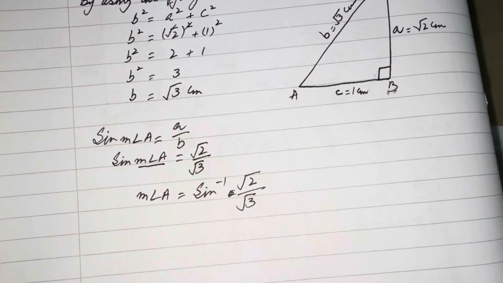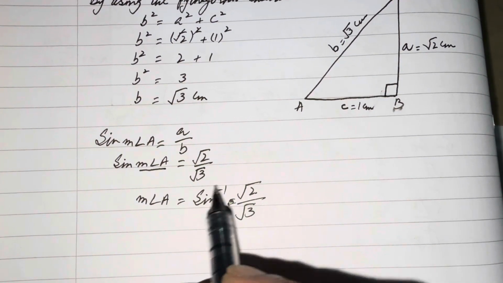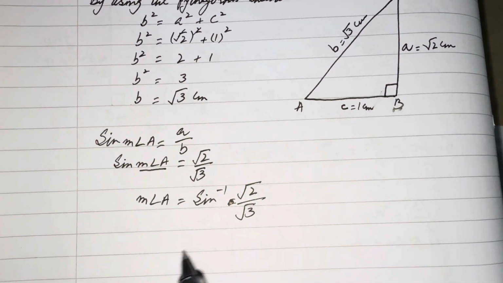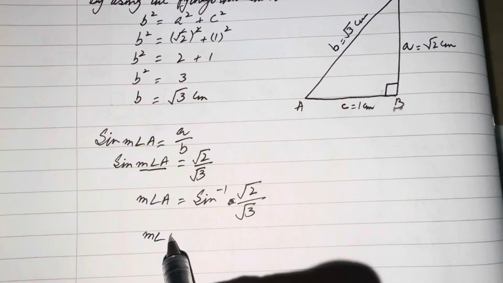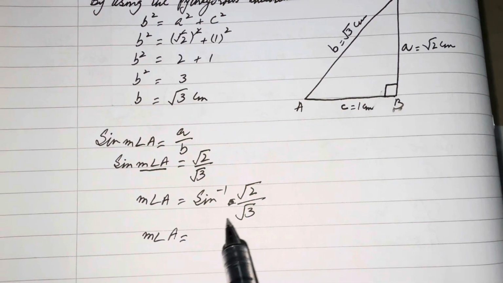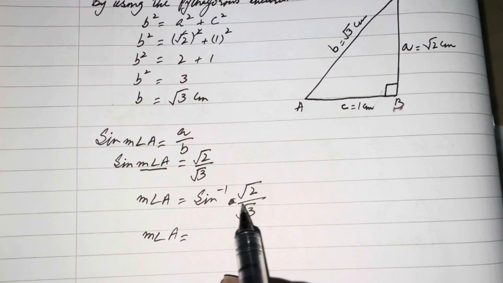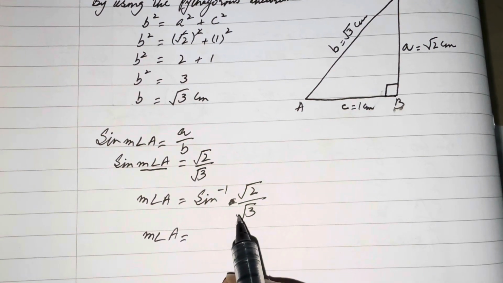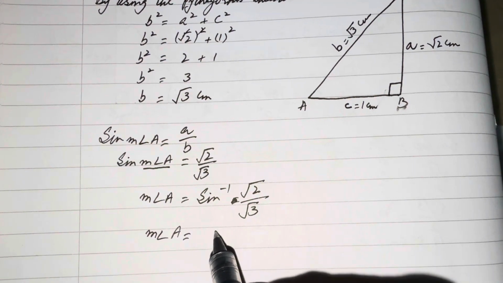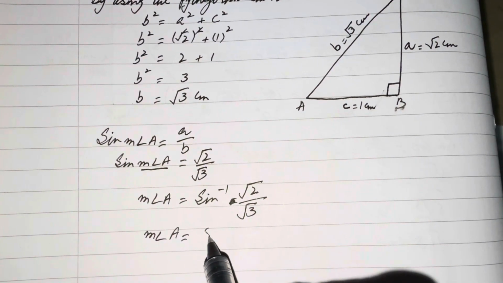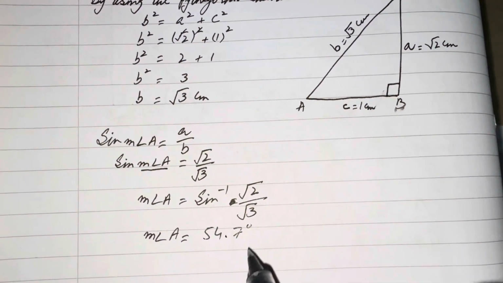So now, by using the calculator, we can find the value of sine inverse of root 2 over root 3. So the measure of angle A is approximately 54.7 degrees.